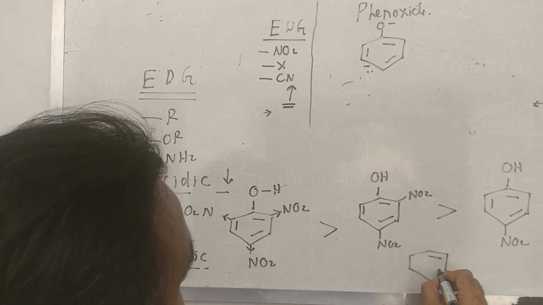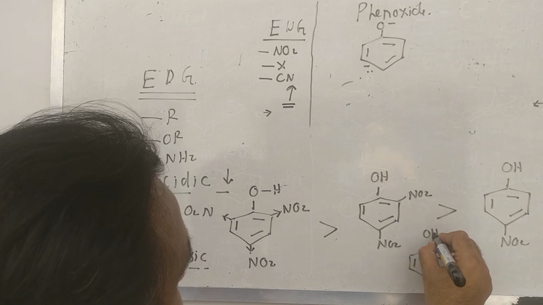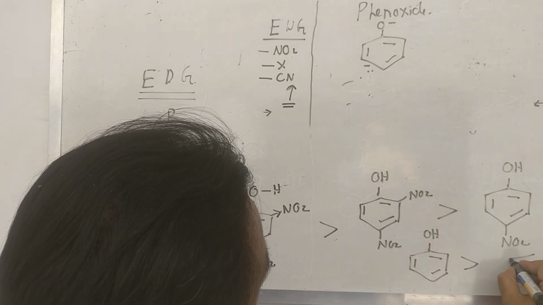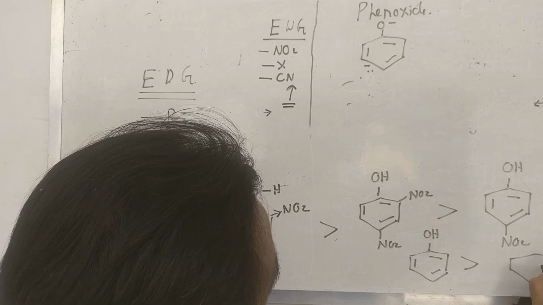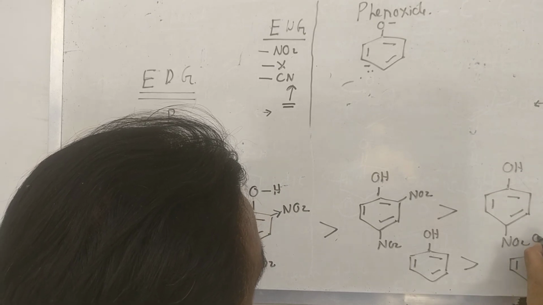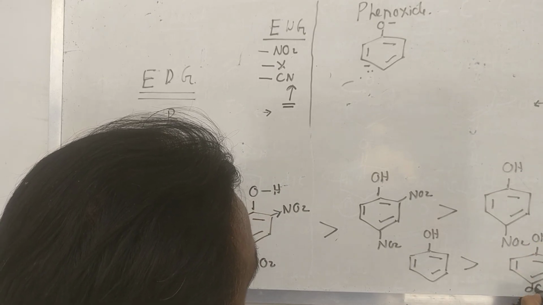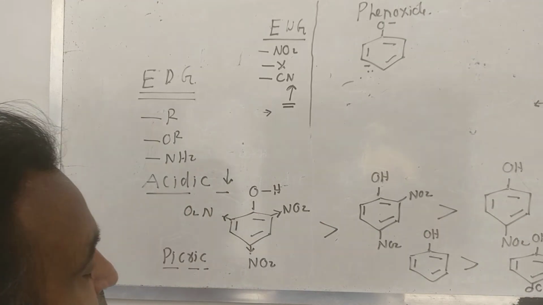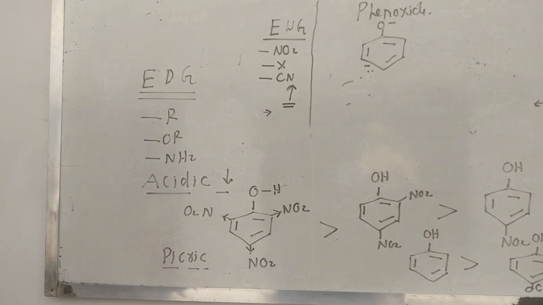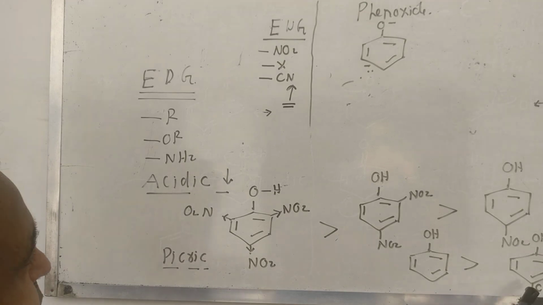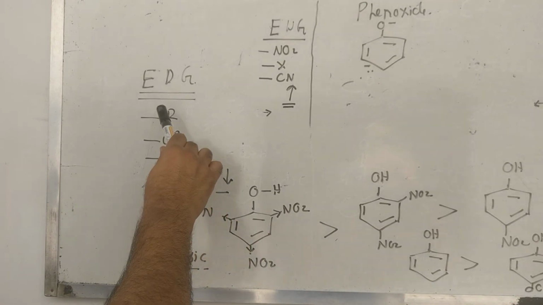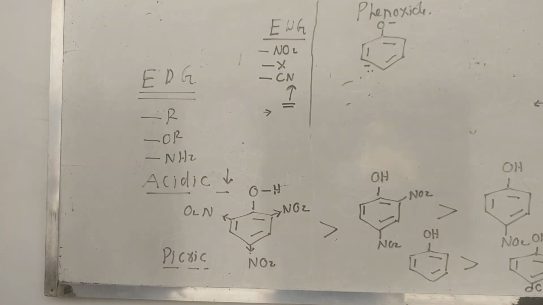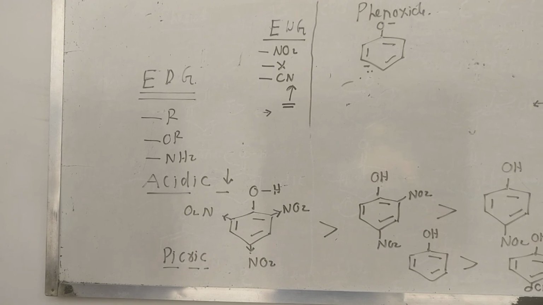You have phenol. And if you go further, let's say you put a methoxy group at the para position, the acidic nature will be even lesser. Para-methoxyphenol will be even less acidic as compared to phenol, because the OR group is a which group? Electron donating group. If you put all these groups on the benzene ring, the acidic nature of phenol will decrease.